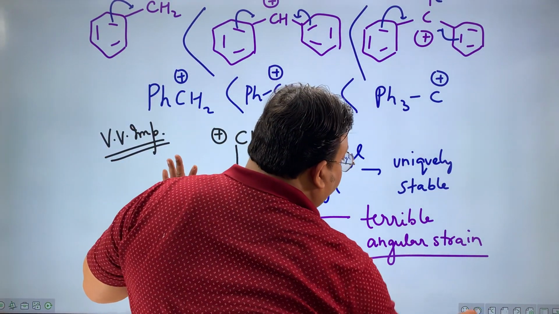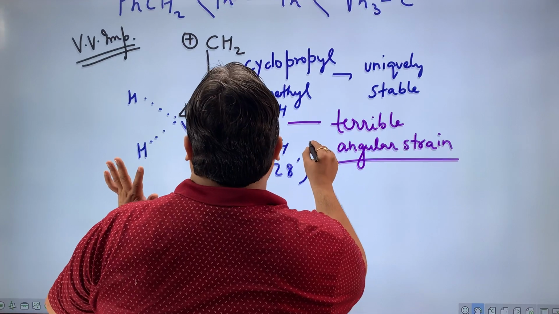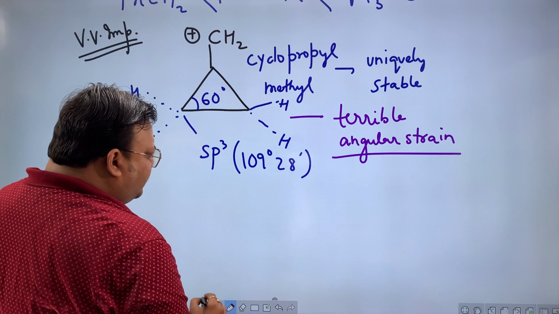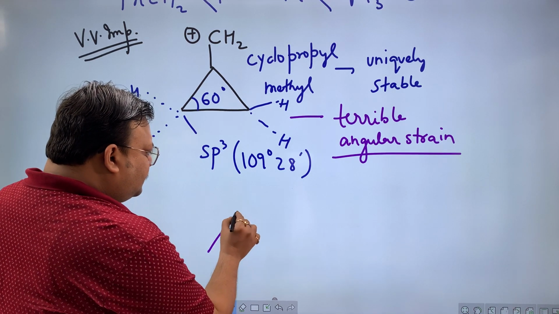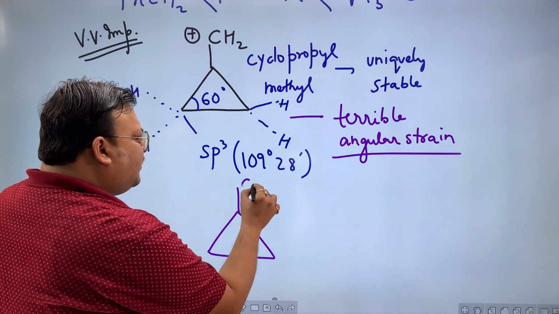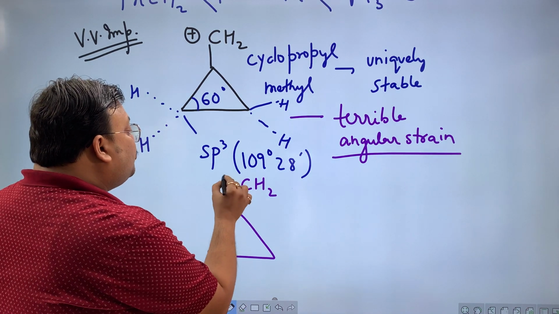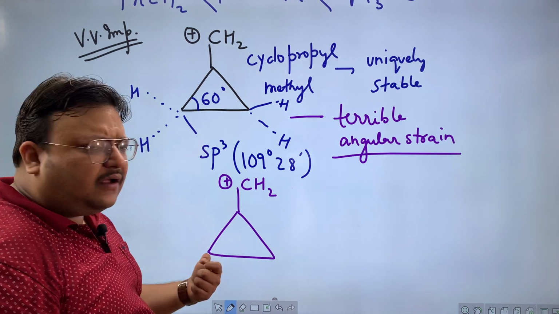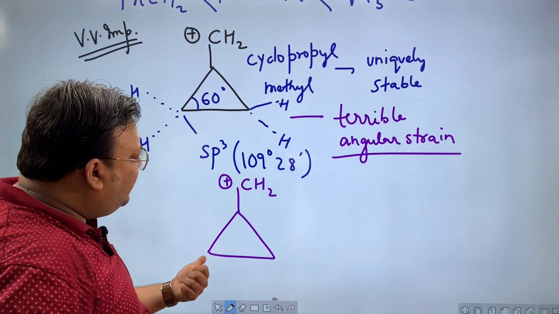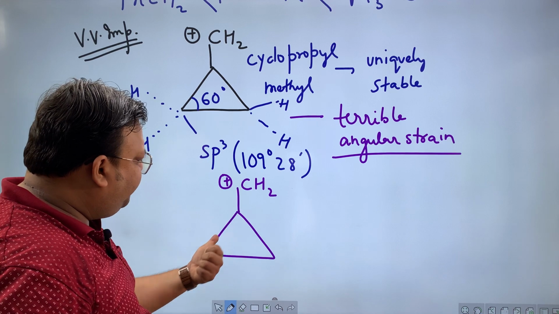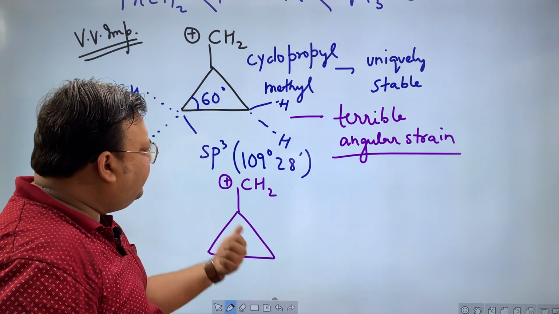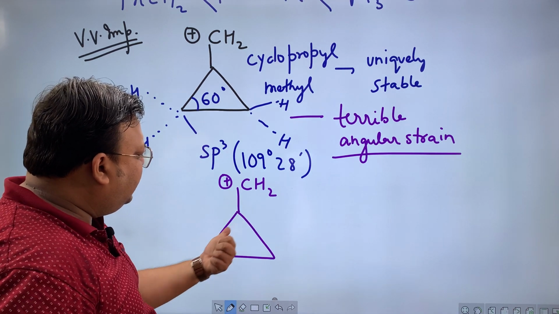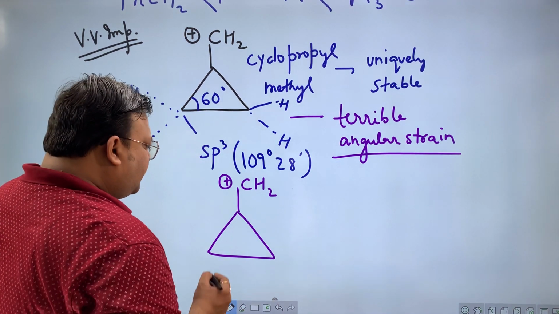And because of this extreme angular strain, the real picture of this cyclopropyl methyl carbocation, I told you I'm going to limit my discussions to your requirement. Naturally, when we show a bond, we intend this as an electron density between the two carbon nuclei. So we draw it like straight lines, bonds. We believe here there is carbon, and this is the electron density between these carbon atoms.